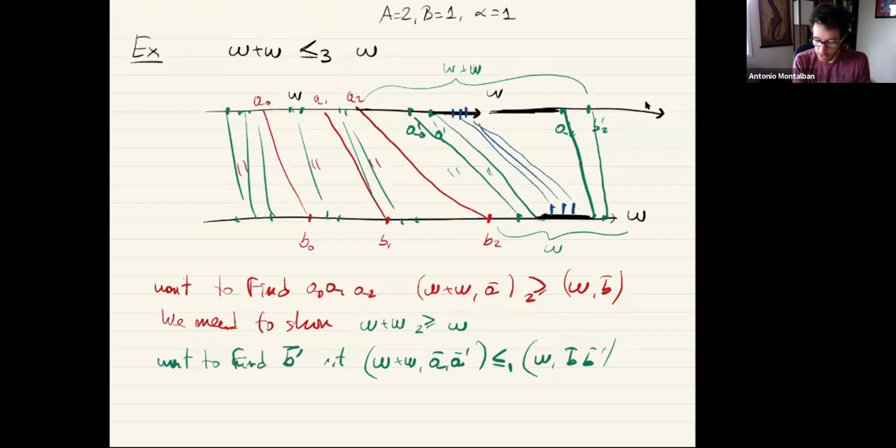If you want, you can think of this game as having 2 players. The one that is trying to match starts by playing a tuple here, and then the other one, the opponent, picks a tuple here, you find a matching tuple here, and now you have to prove the 2 relation. Now the opponent chooses here, you want to match here, you want to show the 1 relation.